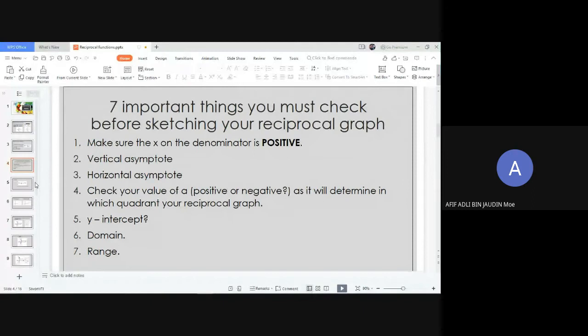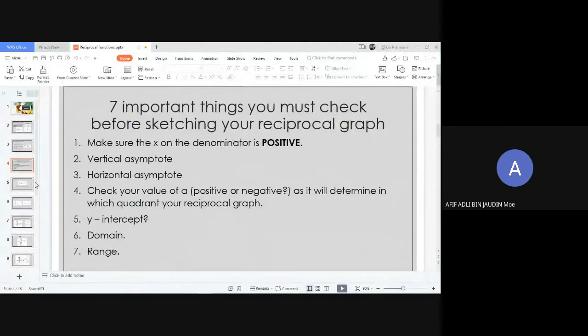For the vertical asymptote, you can find it by looking at the value of b. We can see it from the equation at the denominator. We can get the value of b by solving the equation x plus b equal to 0 or x minus b equal to 0, then we simply get the value of b.